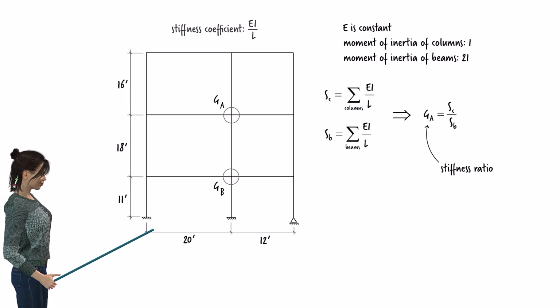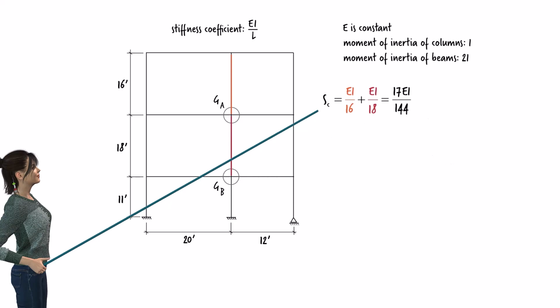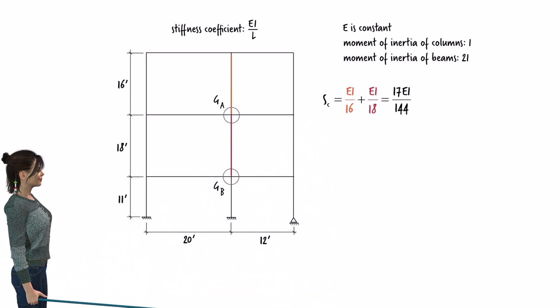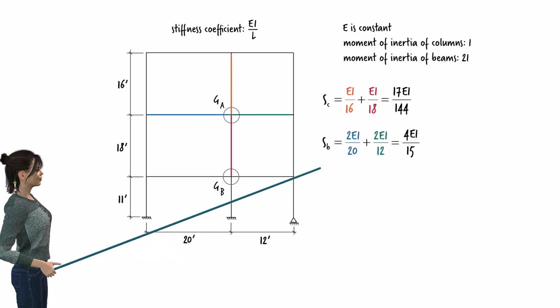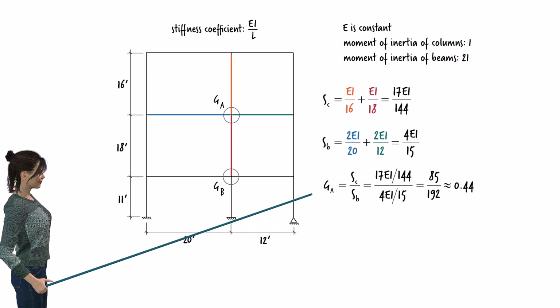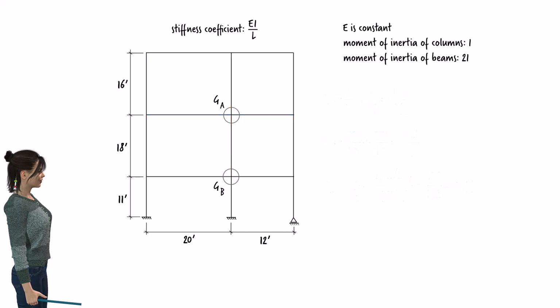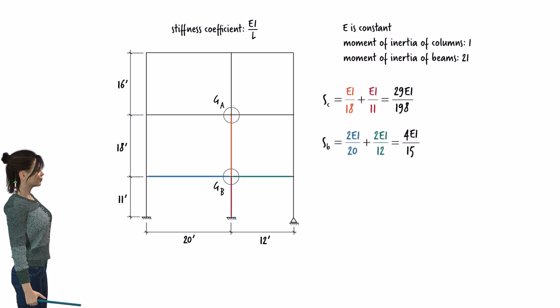Assuming the beam and column lengths are, we can write S sub C as, and S sub B can be written as. Hence, GA becomes. We can determine GB in a similar manner. The total column stiffness for the lower end of the member can be written as, and the total beam stiffness restraining the column end is, so GB equals.